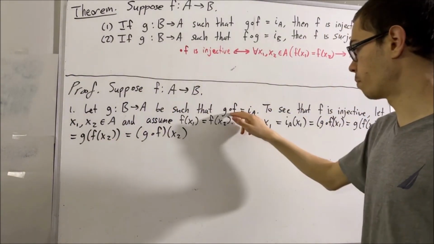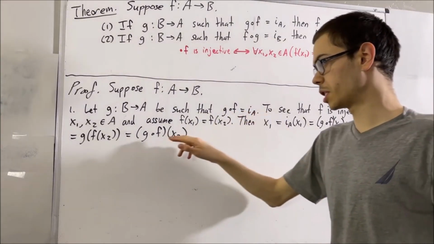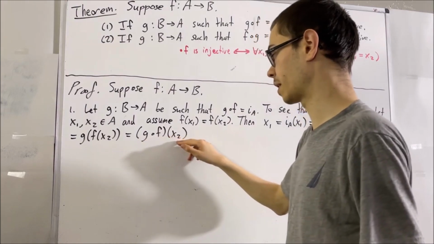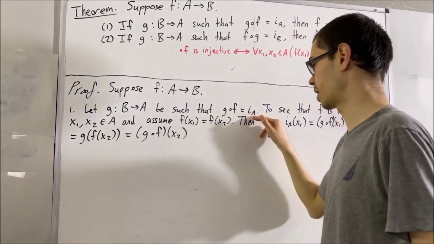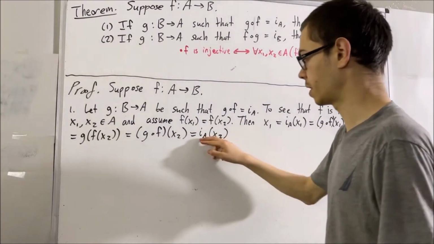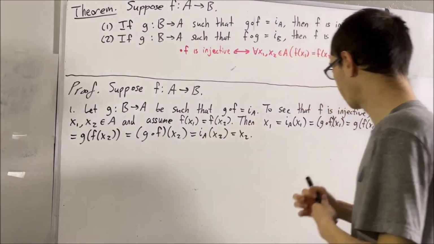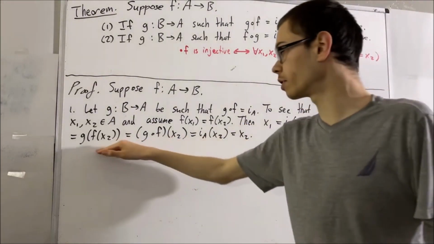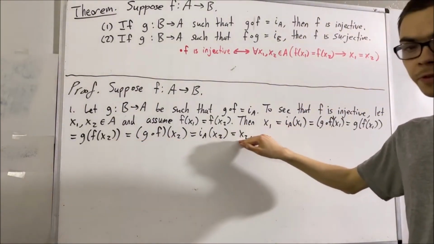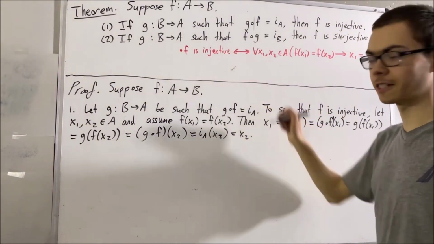And since g compose f is equal to the identity relation on A, we know that g compose f evaluated at x2 is the same thing as the identity relation on A evaluated at x2. And we know that the identity relation on A evaluated at x2 is equal to x2 itself. So, through this chain of equalities, we see that x1 is equal to x2. Exactly what we wanted to prove. This proves that f is injective.